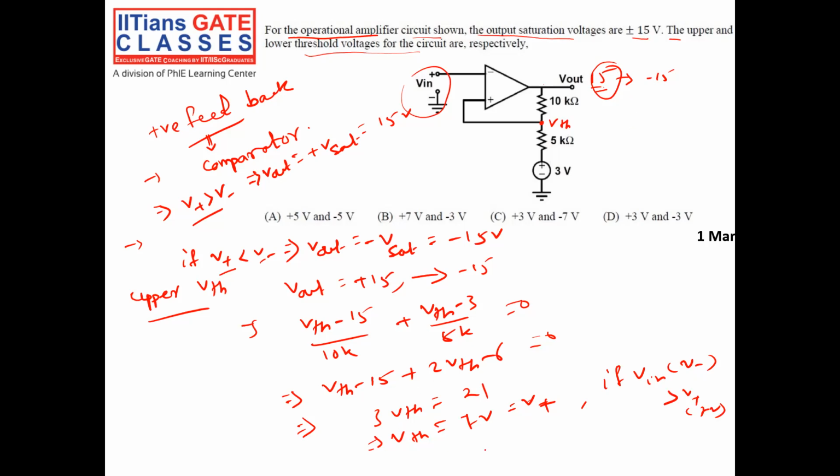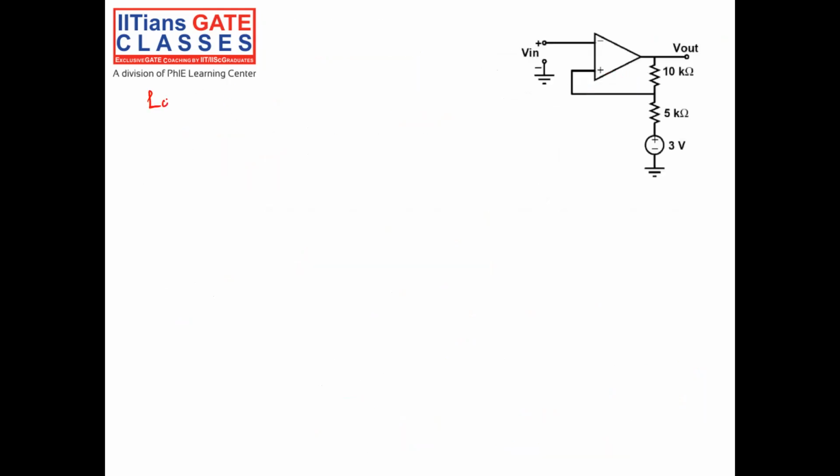So here the VTH upper is equal to 7 volt. If my input is greater than 7 volt, then my output changes from plus 15 to minus 15. Now, what is the lower threshold? Lower VTH.